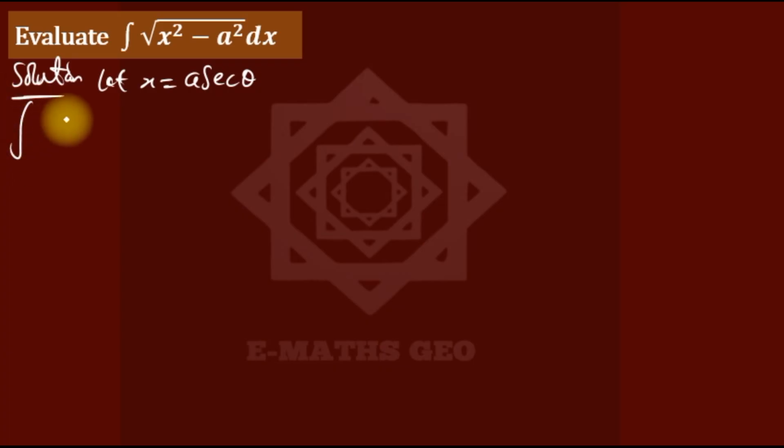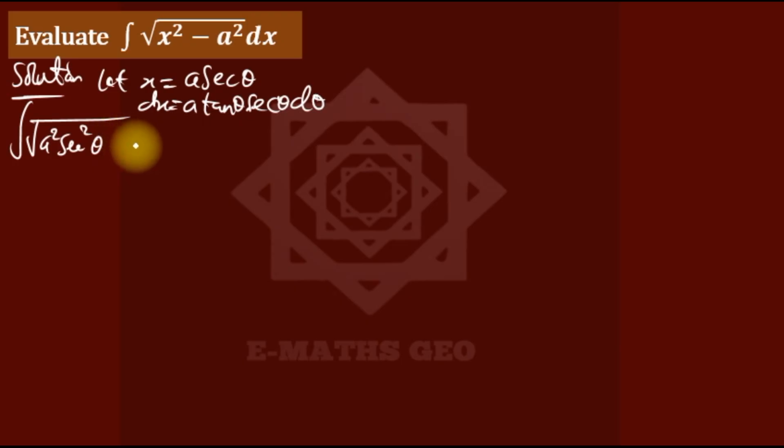Instead of writing the square root of x squared, I have a squared sec squared theta. And if we differentiate this, I have a tan theta sec theta, that is the derivative of sec. So instead of writing dx, this is minus a squared, before dx, which is a tan theta sec theta d theta.